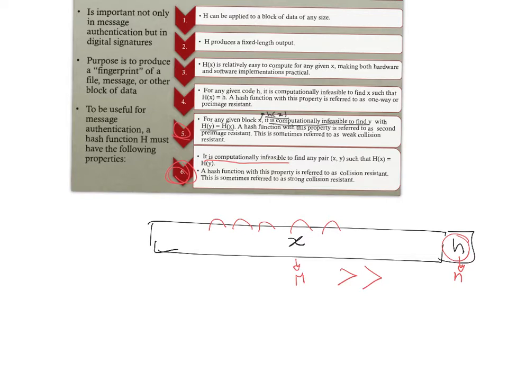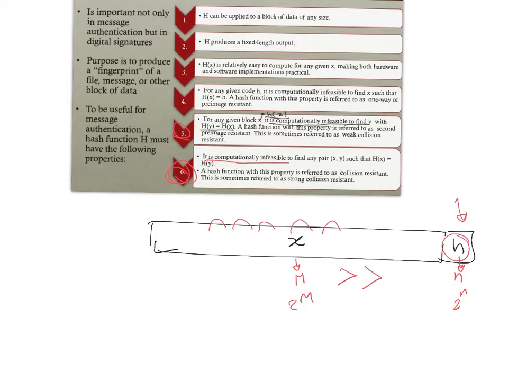Usually, I have a very long message, and I need to calculate a small message digest. What is the combination of all the possible hashes? It's actually 2 to the power n. What is the combination of all messages on Earth with size m? It's 2 to the power m.